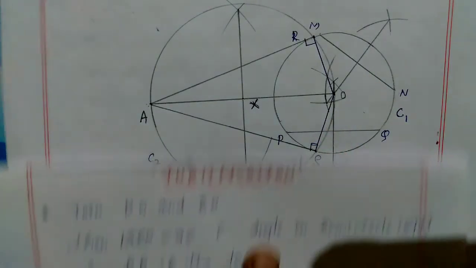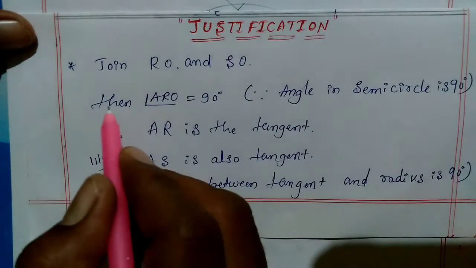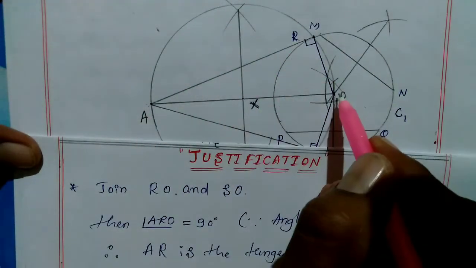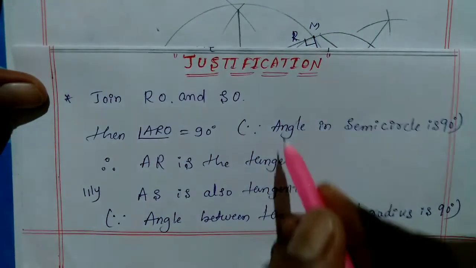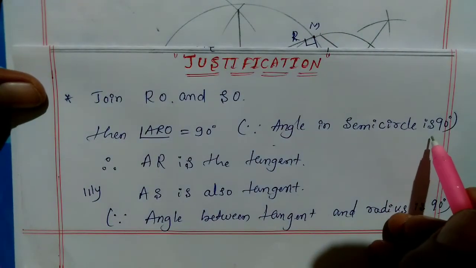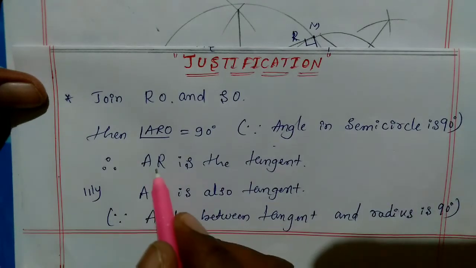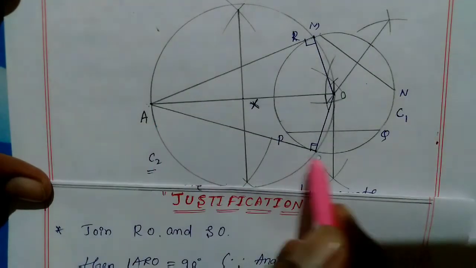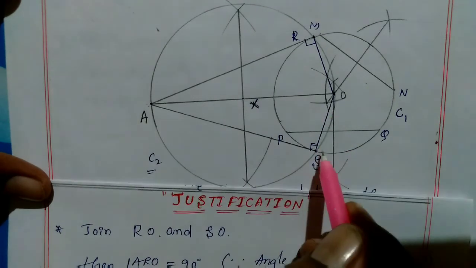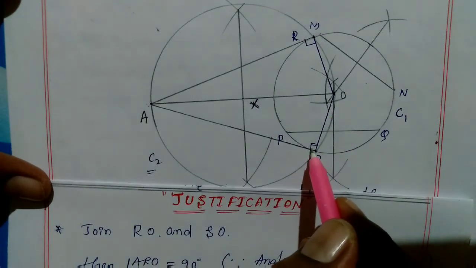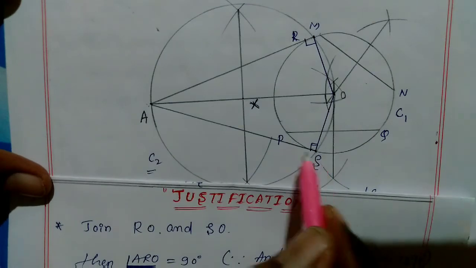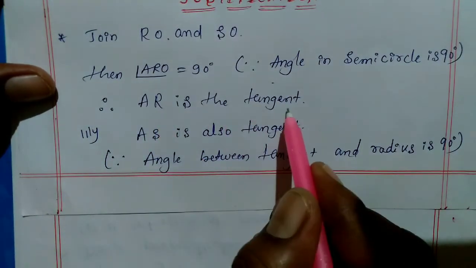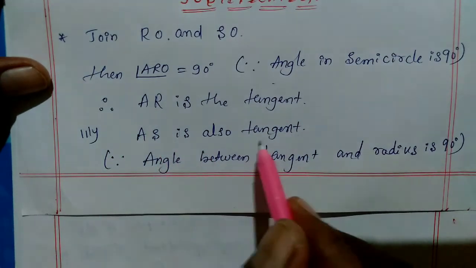So I will write here: angle ARO is 90 degrees because an angle in a semicircle is 90 degrees. Therefore AR is a tangent, because the angle between the tangent and radius is 90 degrees. So AR is a tangent. Similarly, AS is also a tangent.